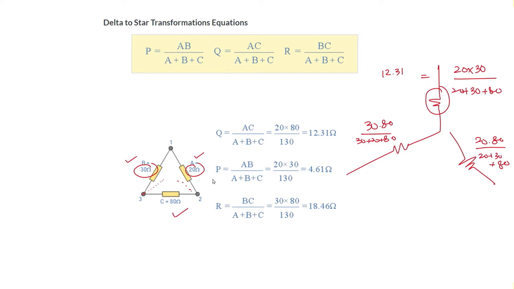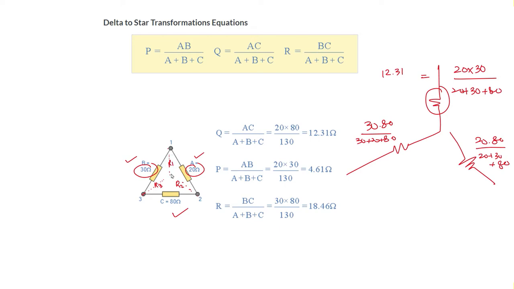So this is 1, this is 3, this is 2. So this can be R2, this can be R3, this can be R1.